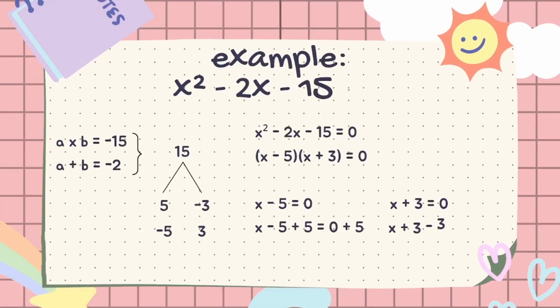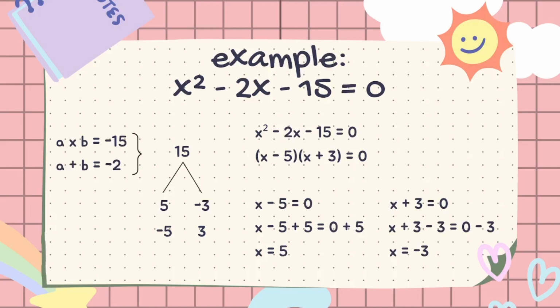For example, there is x squared minus 2x minus 15 equals 0. How are we going to solve this? How can we factor this expression? All you need to do is find two numbers that multiply to negative 15 but add to minus 2. Numbers that multiply to negative 15 are 5 and 3.